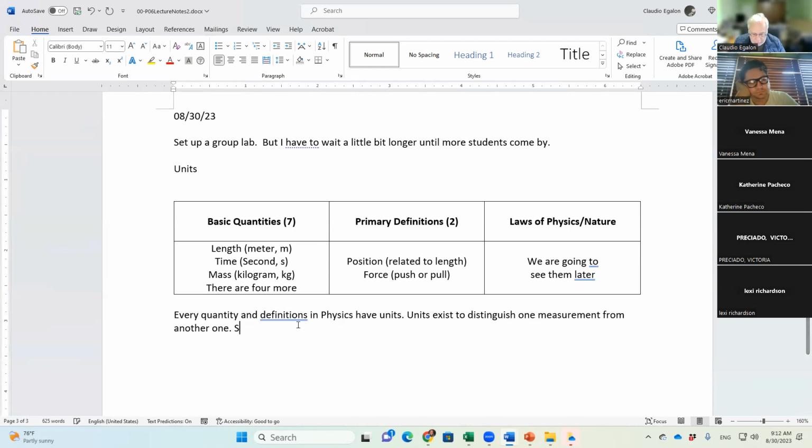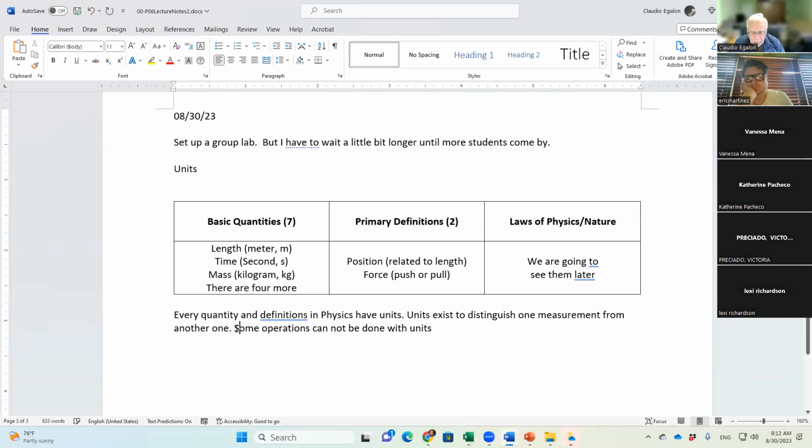Okay, let's write it like that. Some operations cannot be done with units.